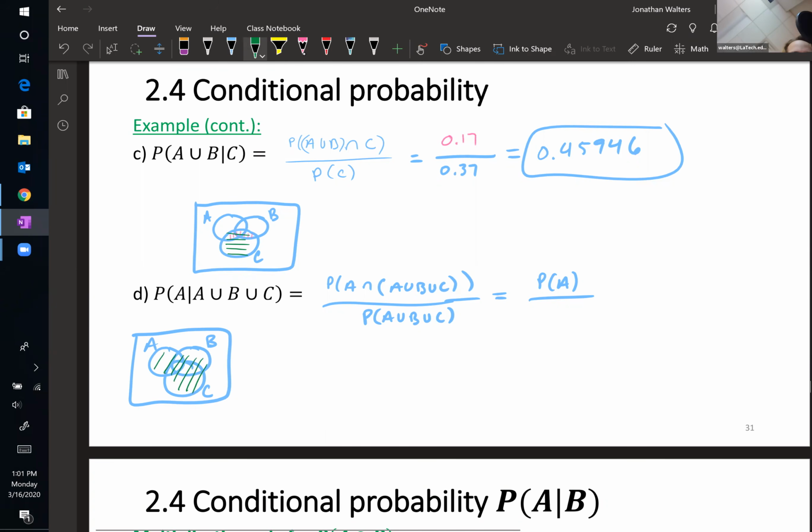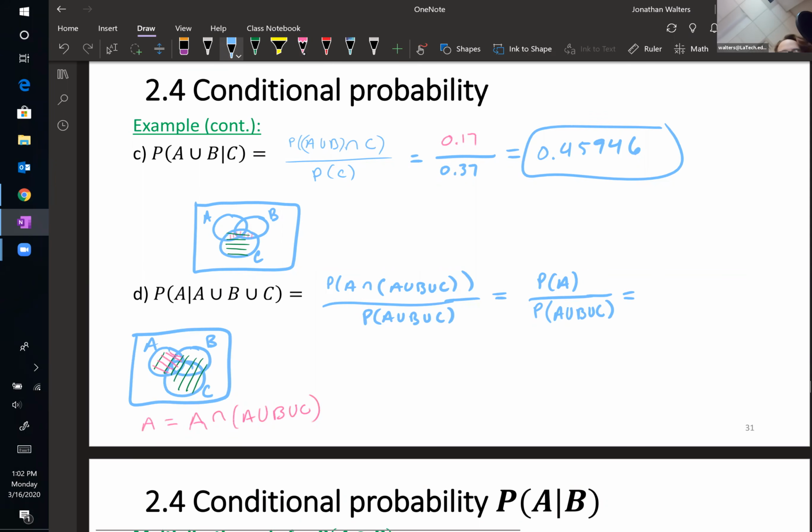Then intersect A with that, and you just get A again. So it's interesting that A equals A intersected with A union B union C. Then that's divided by the probability of A union B union C.